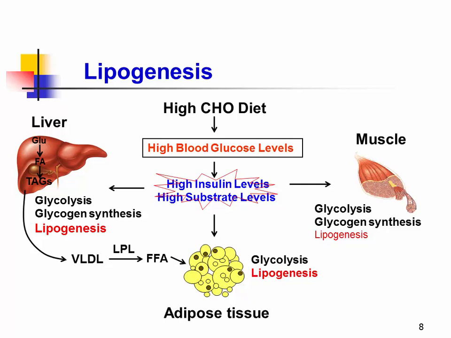For example, the liver triglyceride is transported by VLDL, or very low density lipoprotein, which carries the triglyceride from the liver to the adipose tissue. Before adipose tissue can take up the triglyceride from the VLDL, the triglyceride has to be broken down again to fatty acids, because triglyceride is too big. A small fat cell cannot take it up. So the triglyceride needs to be broken down to free fatty acids.